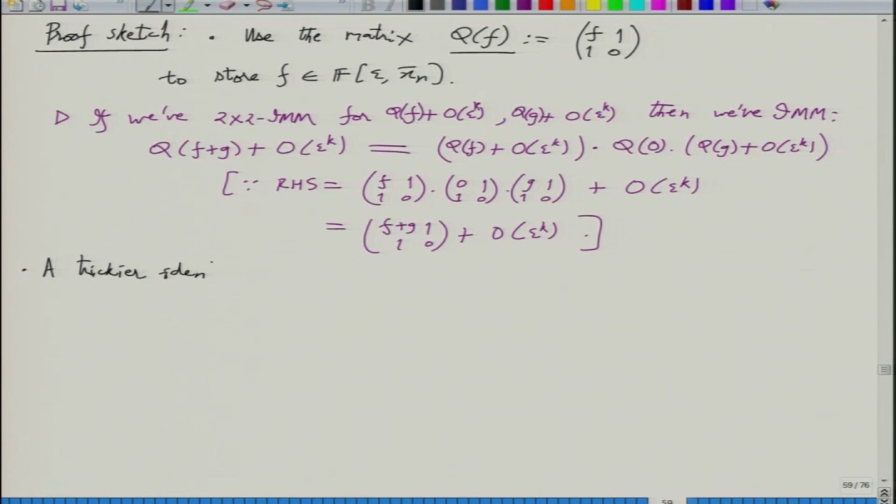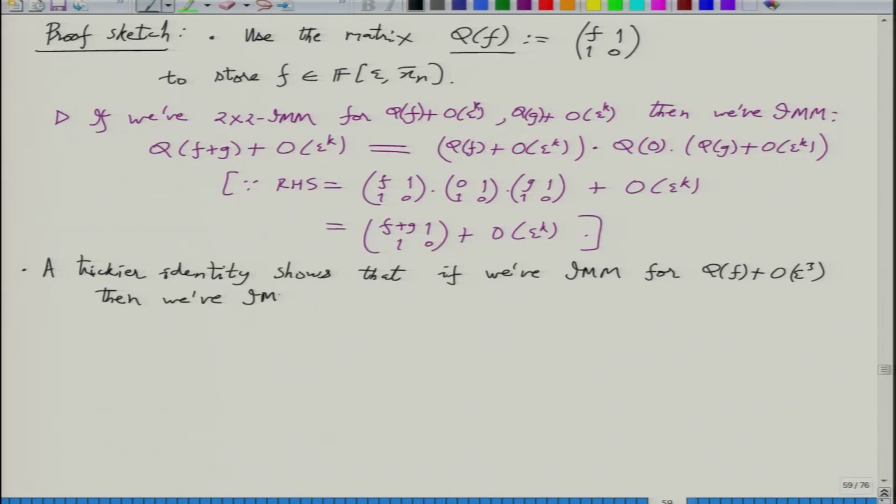So a trickier identity shows that if we have an IMM for QF with precision epsilon cube, I mean the error terms are divisible by epsilon cube, if we have an IMM with this much precision for F, then we have an IMM for Q of minus F square plus O of epsilon.